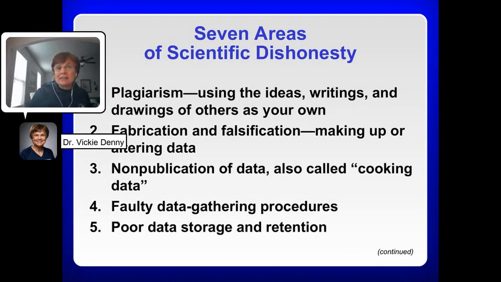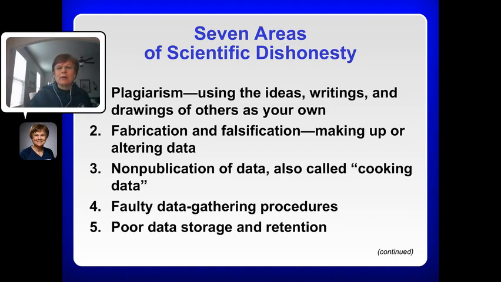And specifically, here are the 7 areas of scientific dishonesty. First of all, the area of plagiarism, which I'm sure you're familiar with, but that's the idea of using other people's ideas and writings, even drawings, and taking them as your own rather than acknowledging they belong to somebody else. That's why it's important to make sure you document whatever is not yours. Also, another area of scientific dishonesty would be that you fabricate or you falsify your data.